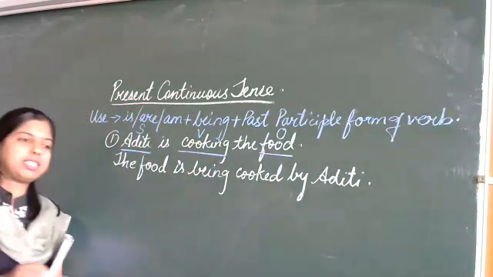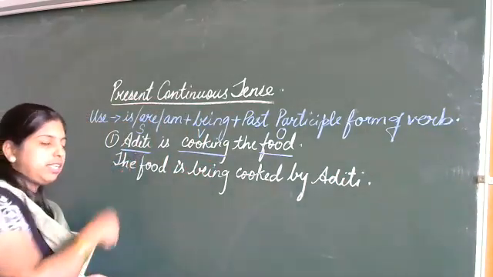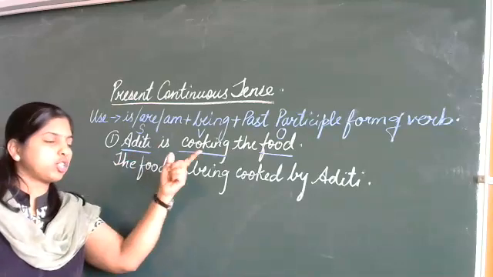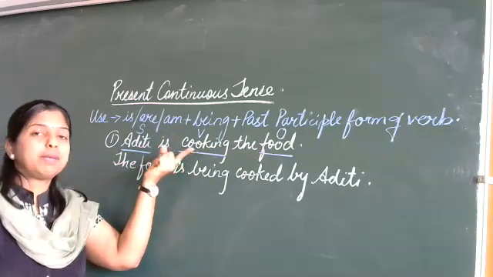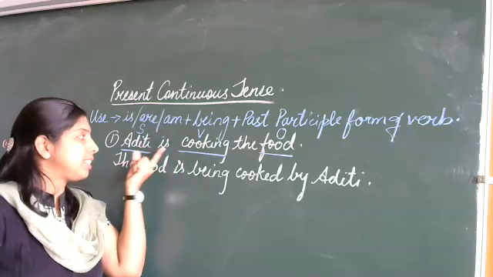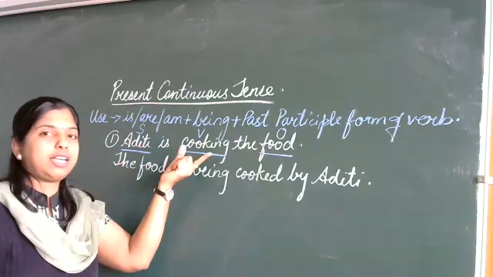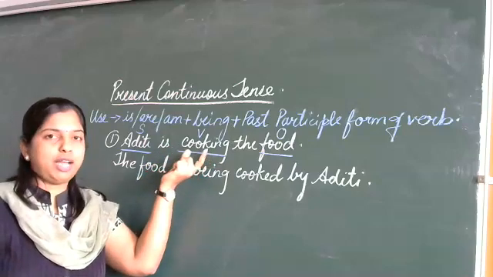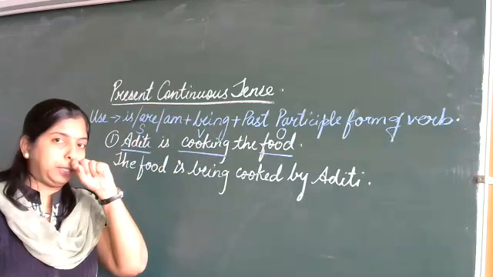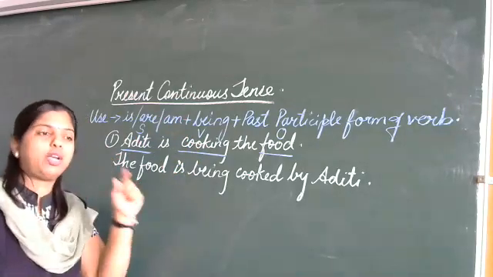See the change in the sentence? See the first sentence: Aditi is cooking the food. Is cooking. It is in present continuous tense. Is is present. Cooking: as I told you, cook is a verb with the ing form added to that. Is cooking tells us about the continuous tense because the action is going on.